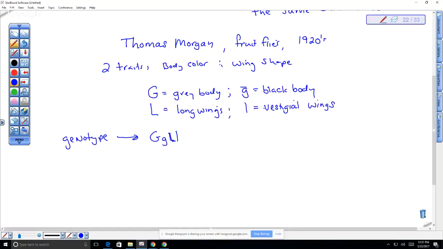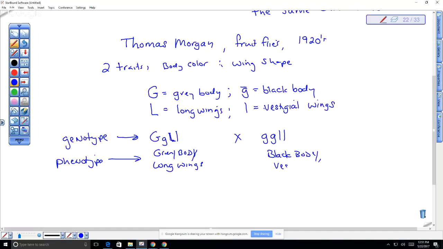A gray body with long wings. What is that called? Their phenotype. Okay, let's cross this with an individual that has this combination of alleles. They are homozygous recessive for both, so they would have a black body and vestigial wings.